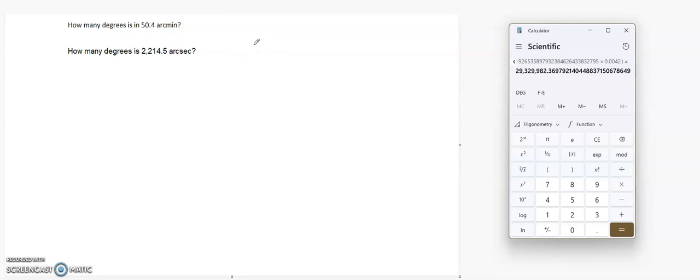One degree is equal to 60 arc minutes, and 1 arc minute is the same as 60 arc seconds. So there are 2 hash marks. Sorry, I ran off the page a little bit. Let's convert this, and then we'll convert the other one.